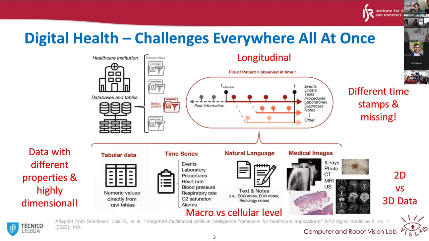That might happen with sensors as well. Data with different properties: tabular data, time series, reports that fit in the natural language processing field, medical images, and inside medical images we have 2D data, 3D data, images at the cellular level, macro images. It's a mess, basically.